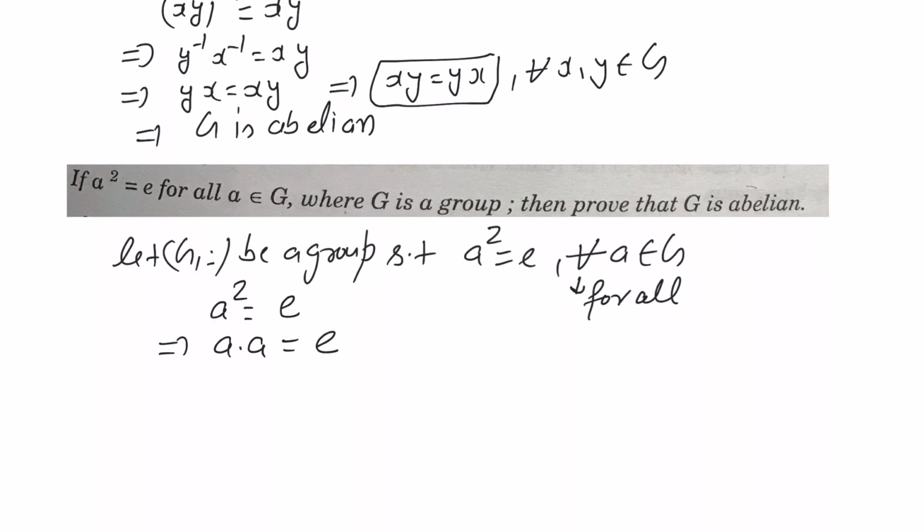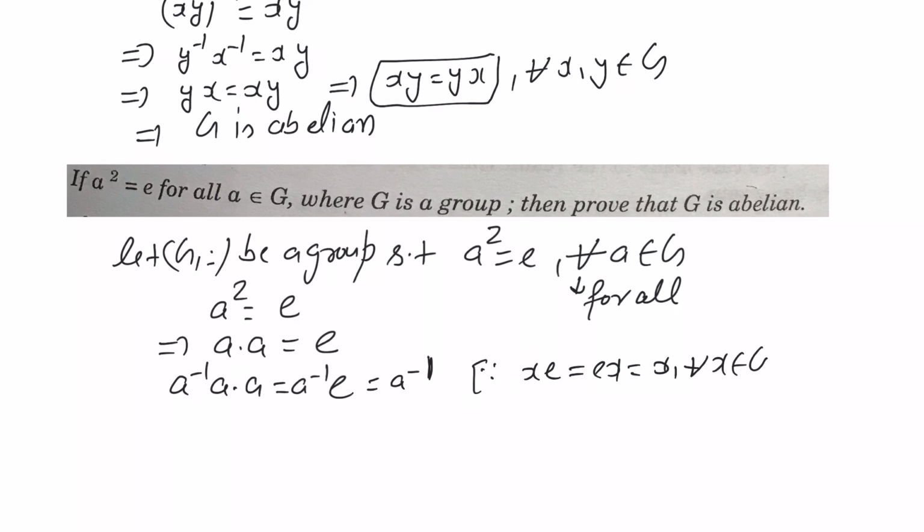So pre-multiplying both sides by a inverse, and we know that a inverse e is equal to a inverse, because this is the property: when x is multiplied by e, or e multiplied by x, it gives the same element, and this is holding for all x belonging to G. Also, now using associativity, we can write it like this, and this is equal to a inverse a times a, and we know that a inverse multiplied by a gives the identity, so this is equal to a.